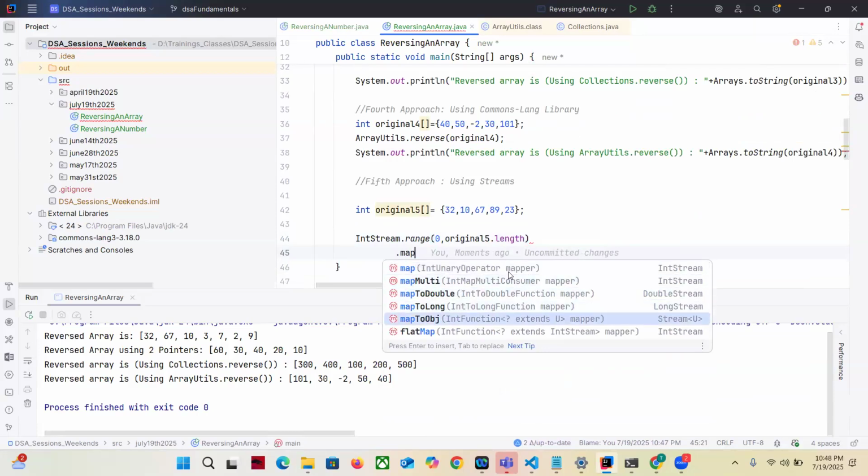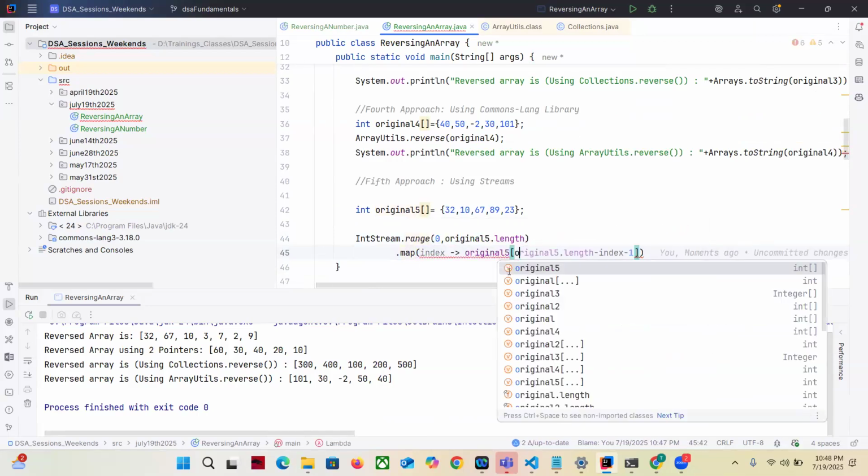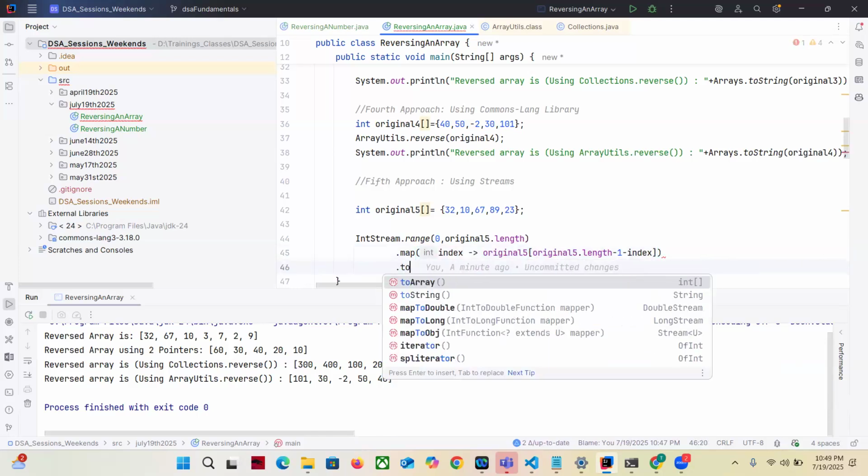I will map to an object, and then toArray.